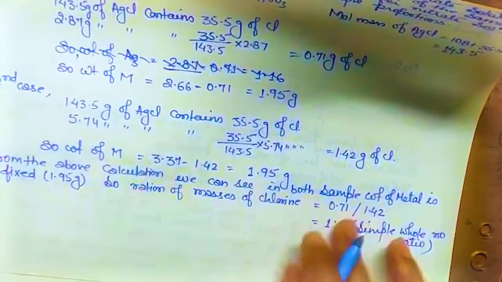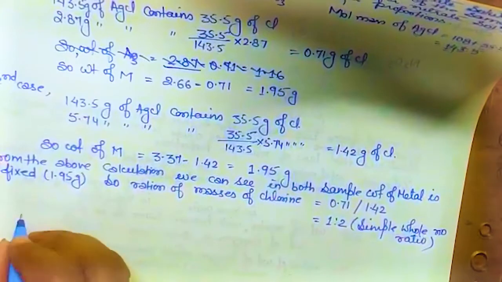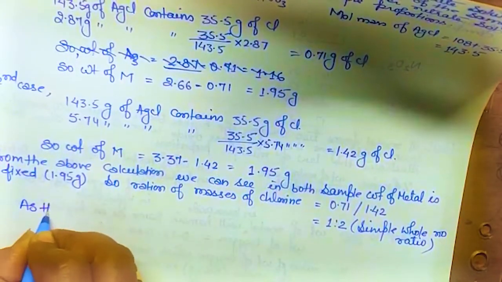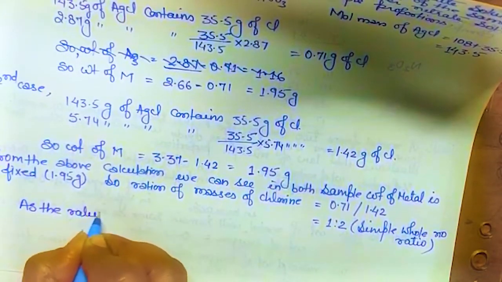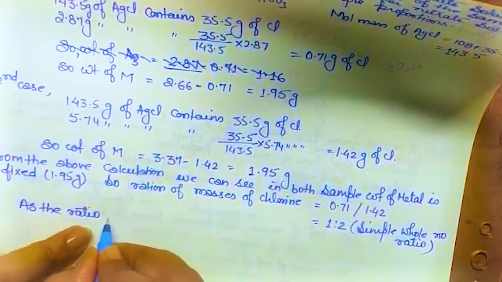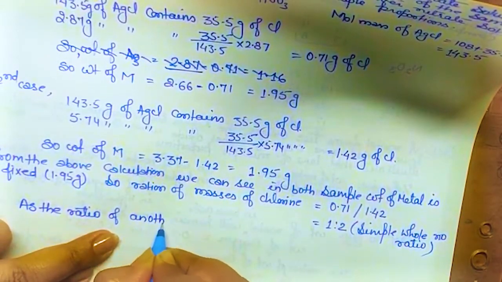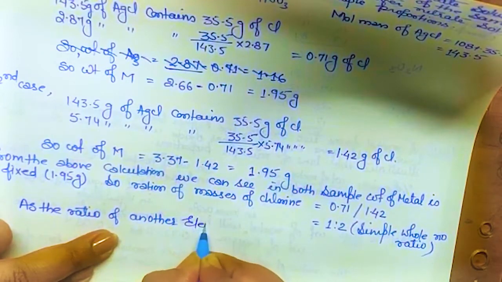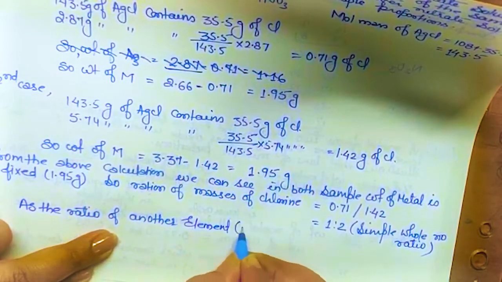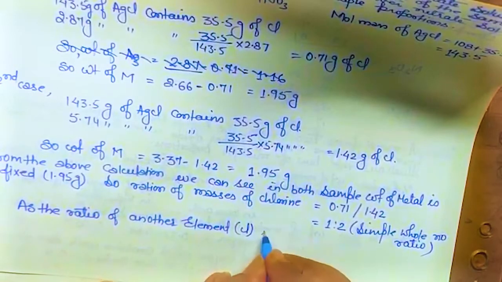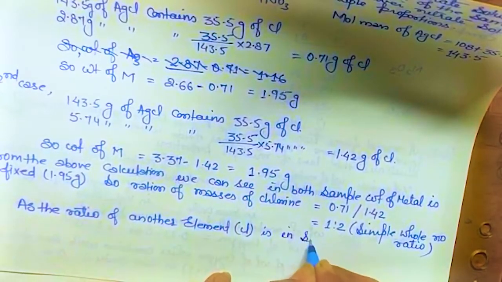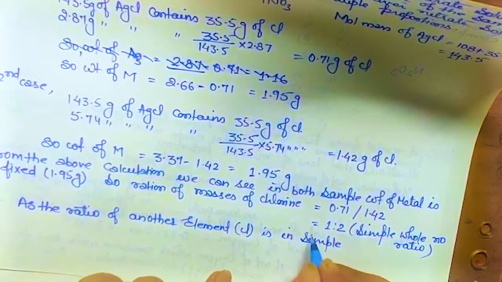So in this way we can say that the ratio of another element, that is chlorine, is in a simple whole number ratio.